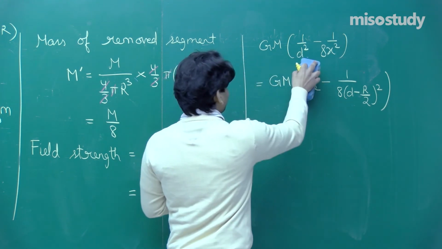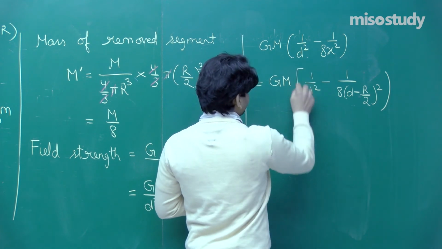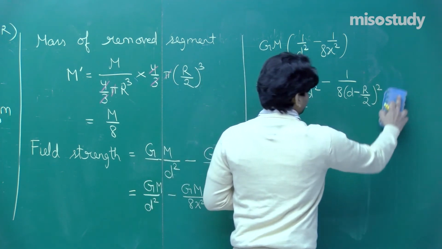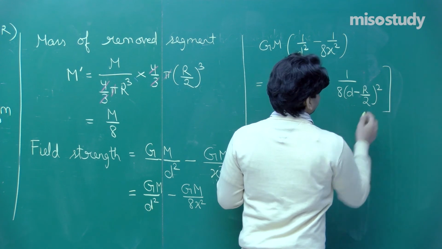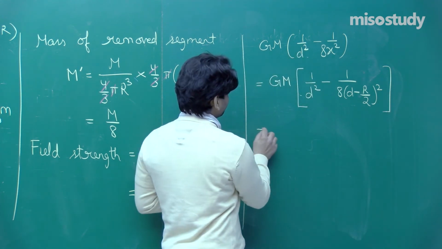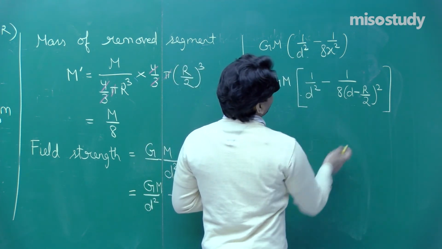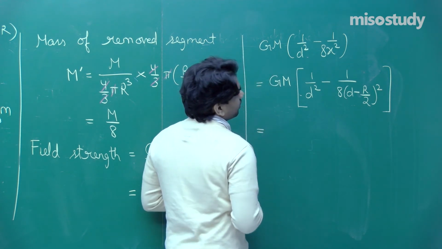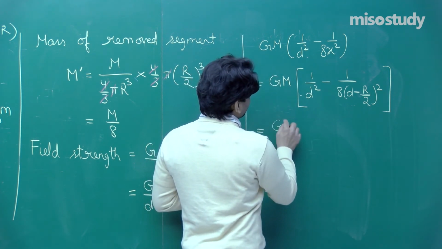Let me use one larger bracket to show you this. Now go ahead, 8 into d minus r by 2 whole square. Can we write it in this way?